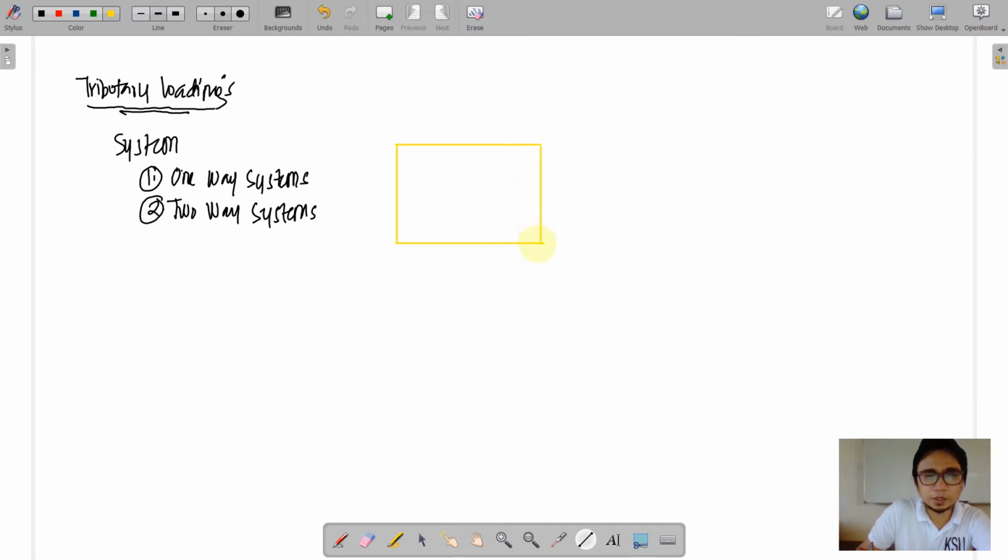There will be two dimensions for this slab: the length along the long direction and the length along the short direction. So in a one-way slab, the criterion is that L over S should be greater than or equal to 2. So this is for the one-way system.